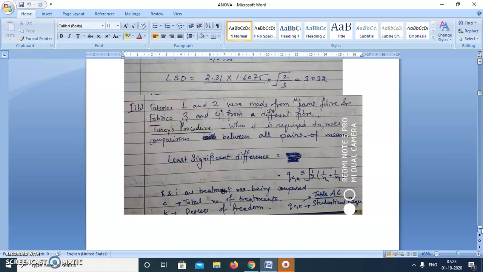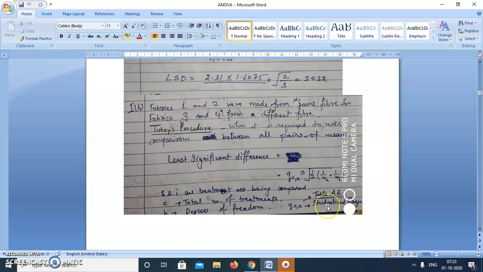And the second option is the two-case procedure. In the two-case procedure, we just calculate this value, Q_c,k times S times root of 1 upon 2, 1 upon n_h plus 1 upon n_i, where h and i are the treatment numbers being compared. Suppose different numbers of readings are there in two fabrics. Now in this present question, this is the same for all, and this Q is basically the studentized range.